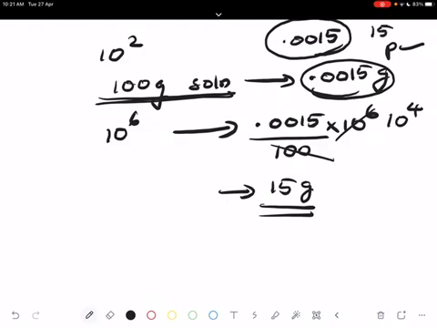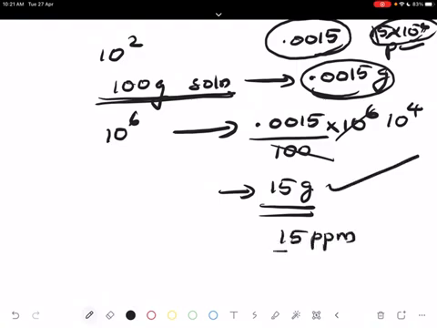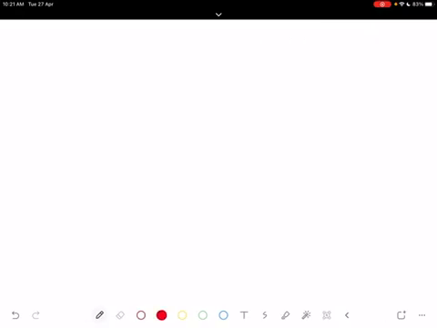So the percentage will be given to you and you have to find out the ppm. What is ppm? 15 ppm.